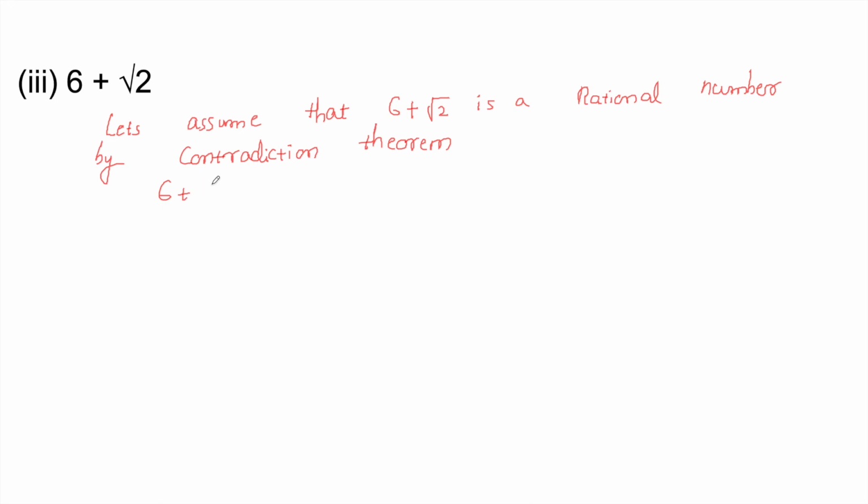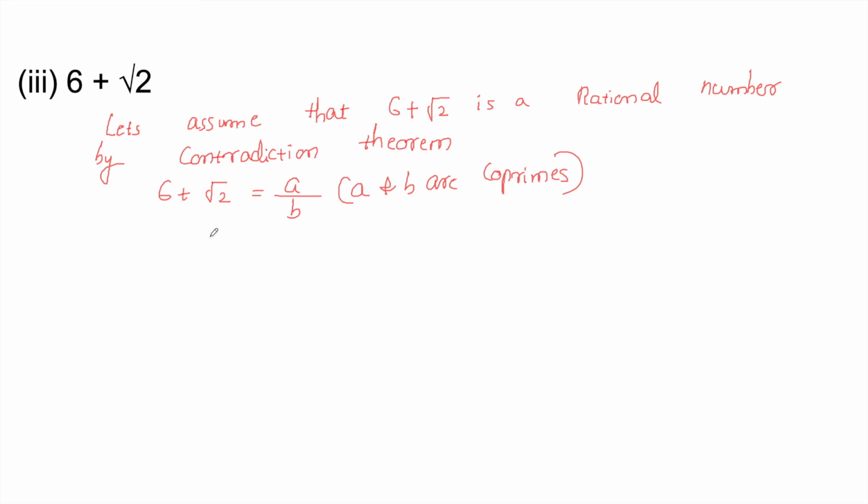So 6 plus root 2 we can express as a by b, where a and b are co-primes.